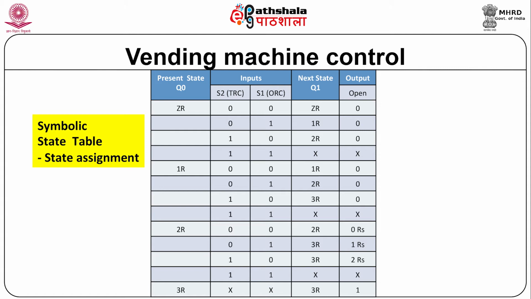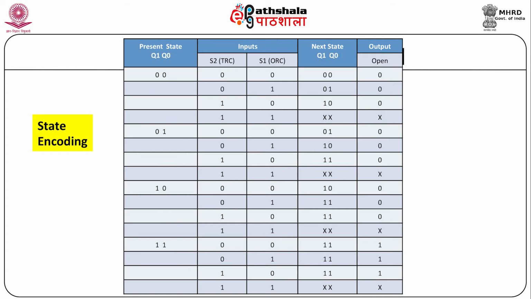Thus, there are 4 possible transitions with TRC and ORC inputs, as 0 0 generates a self transition, ZR 0 1 results in state transition to 1R, 1 0 results in state transition to 2R, and 1 1 is not allowed, hence X. We can prepare other rows in the state table similarly. Let us now move to encode the states.